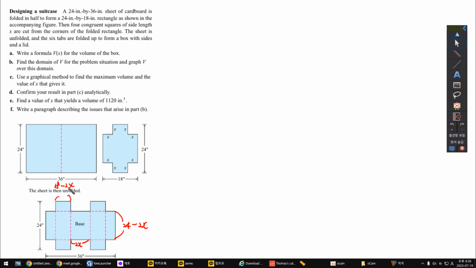And that means when we multiply these three, that will make the volume of this suitcase. So let's take 2 out of each parenthesis.